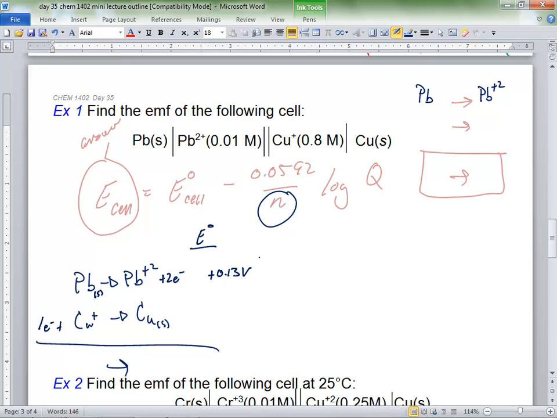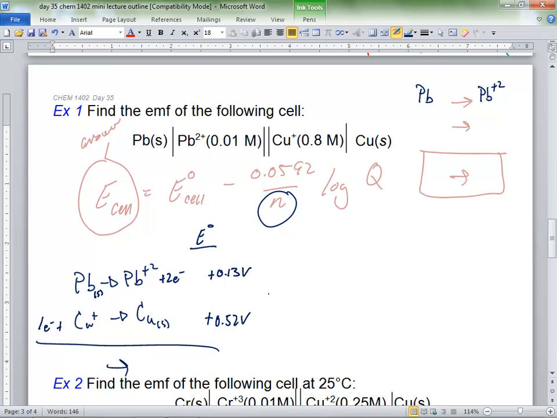It's flipped in the table. Kelly, did you find the E0 for the copper? We need 0.52. Everybody agree?